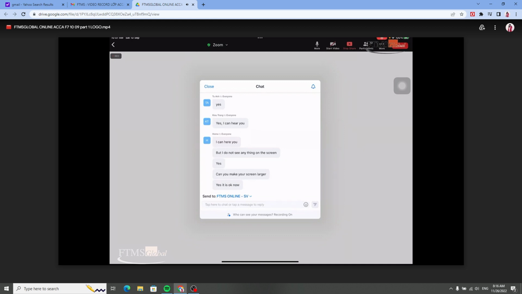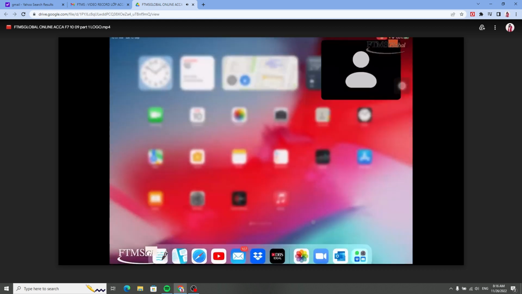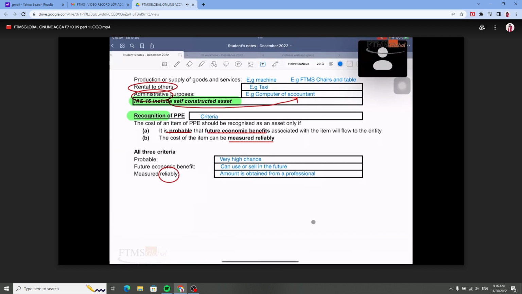Why? Because my profession is just an accountant. An accountant only knows how to do debit and credit. So it's not reliable because my profession is just an accountant. In order to be reliable, it must come from somebody called a professional. So in this case, who are the professionals who do valuation?